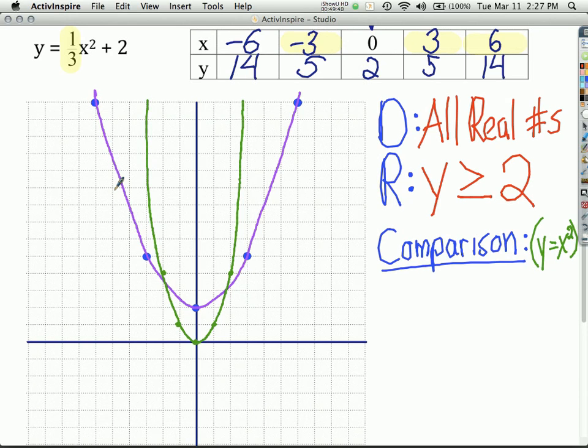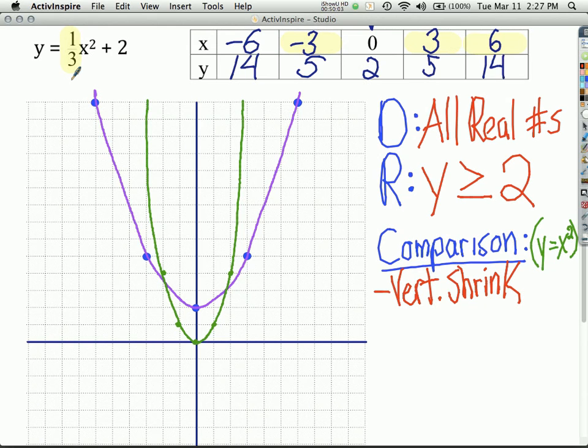But there's a technical way to say that. This is called a vertical shrink, and you could put vert shrink. It's a vertical shrink because we are using a fraction right here. And when you multiply anything times a fraction, the number gets smaller.